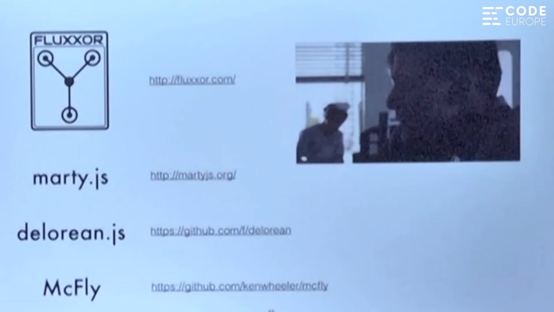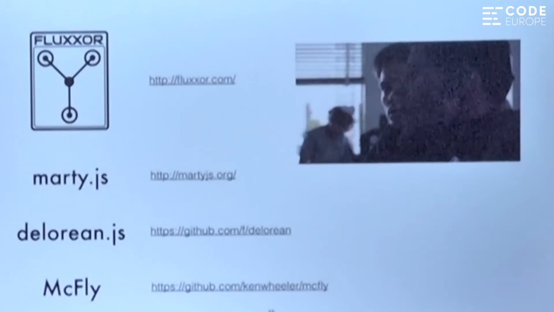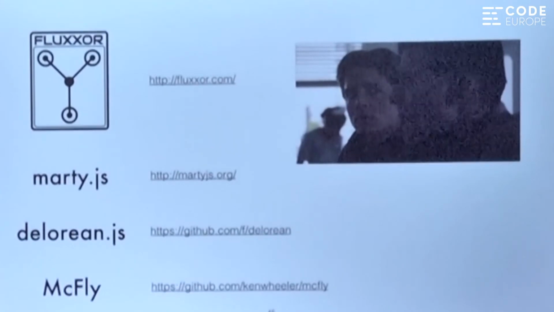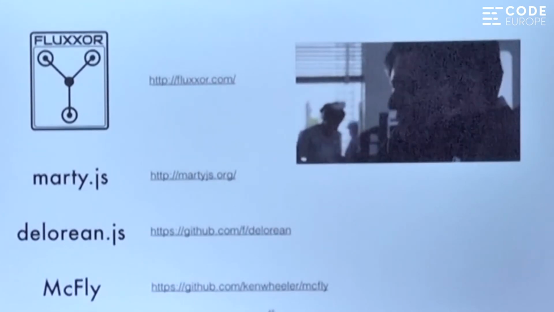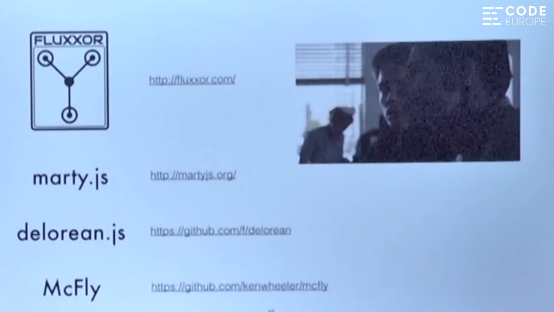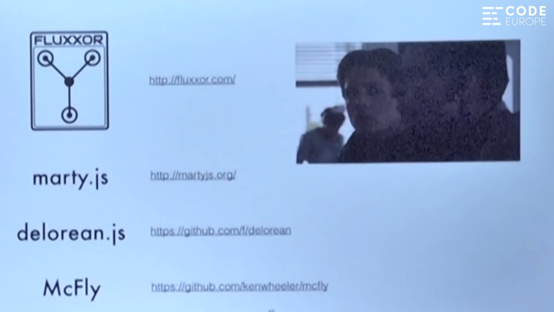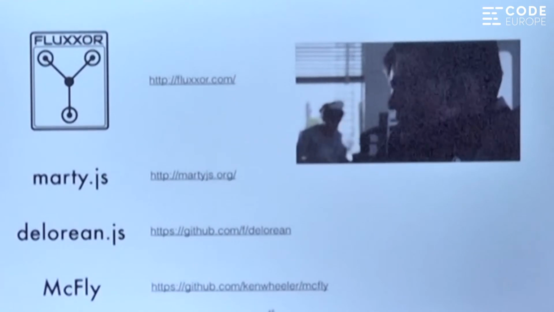But if you haven't used Flux, I'd definitely recommend going away and having a look and learning about it. It simplifies a lot of the MVC stuff. Instead of the two-way data binding which you get with stuff like Ember, you've just got the unidirectional data flow, which makes things so much easier to reason with.